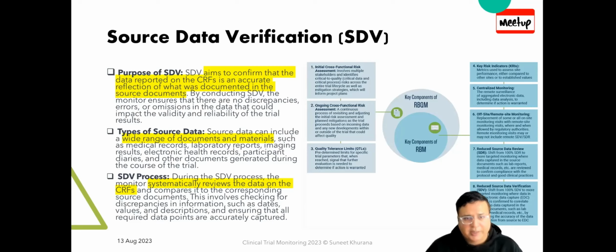Then they systematically review the data on the CRFs and compare it to the corresponding source documents to check for discrepancies, and they often find discrepancies. Why is there a discrepancy? Because we are human, right? We are transcribing data from the EMR onto the CRF, and then from the CRF to the sponsor's electronic CRF.